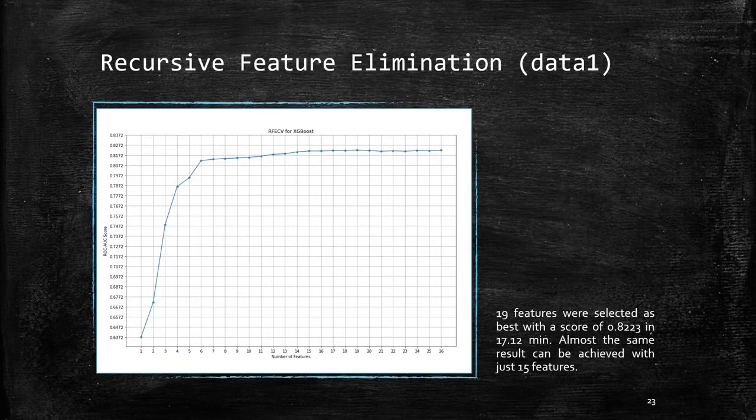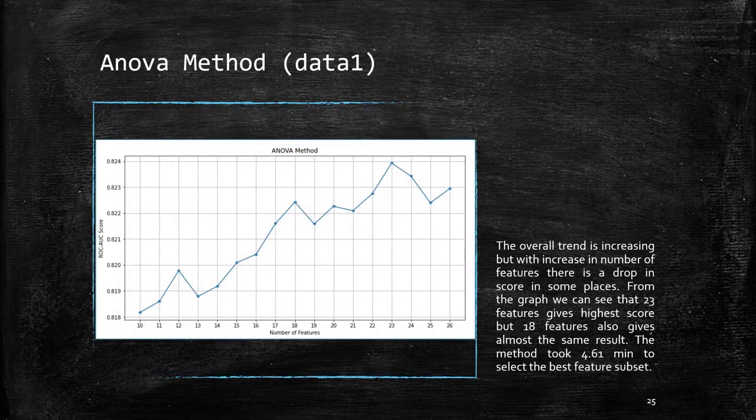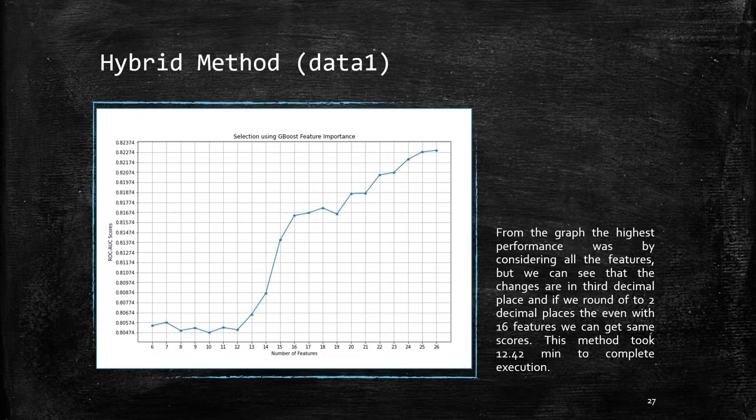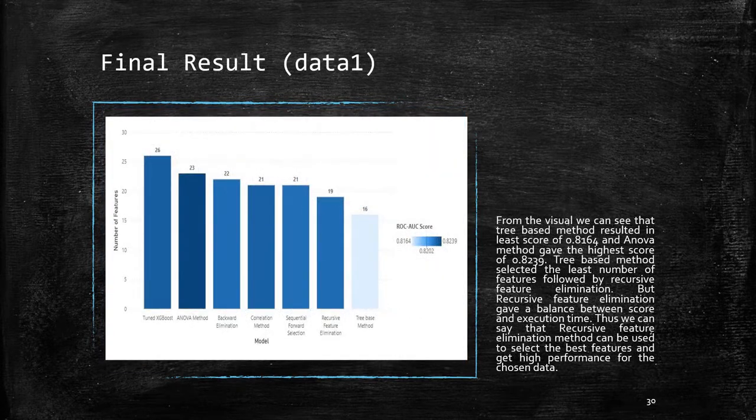Backward elimination for data 1 and data 2, recursive feature elimination for data 1, similarly for data 2, ANOVA. This is the hybrid method, and the correlation which I mentioned. Here we have only displayed correlation greater than 0.8, and this is the final result.